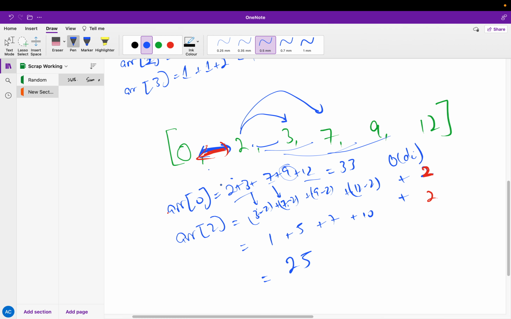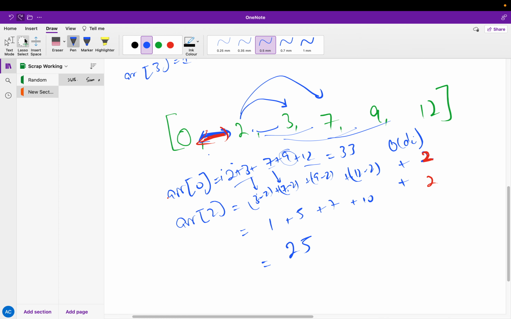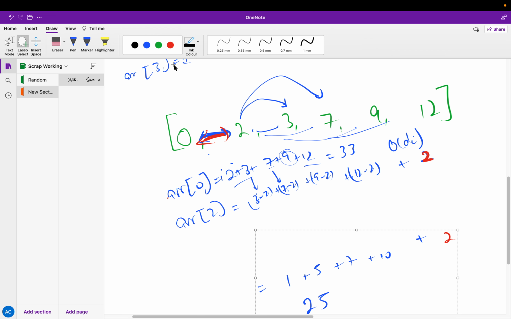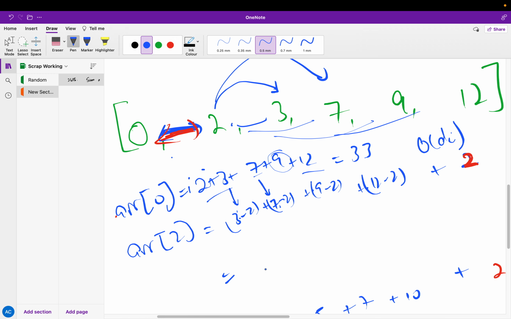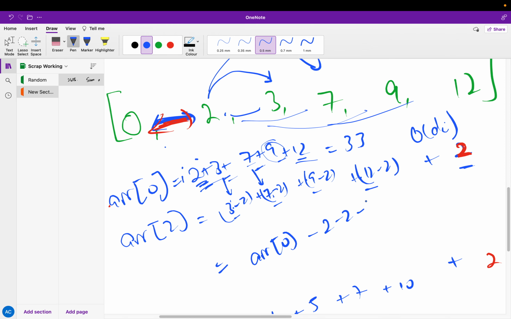And there's also a 2 as well. I don't know if this is helpful, but you can write it as array 0, because that's the 3, 7, 9, 12, and the 2, minus 2, minus 2, minus 2, minus 2.